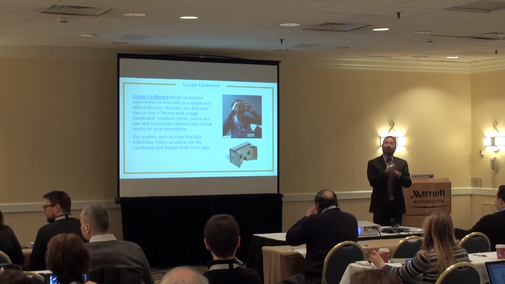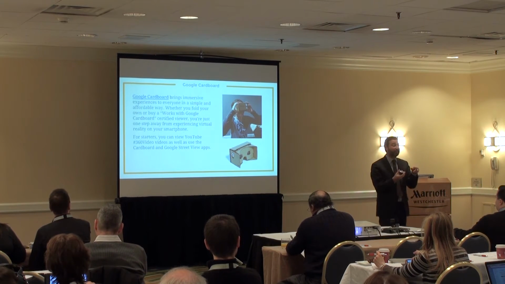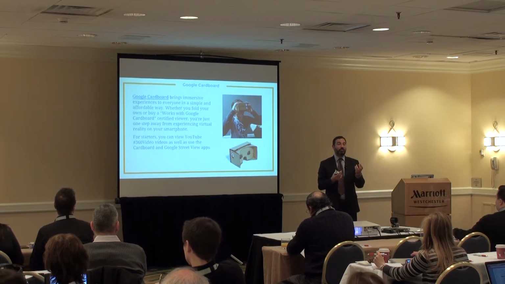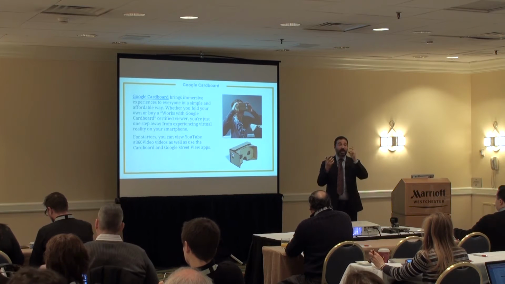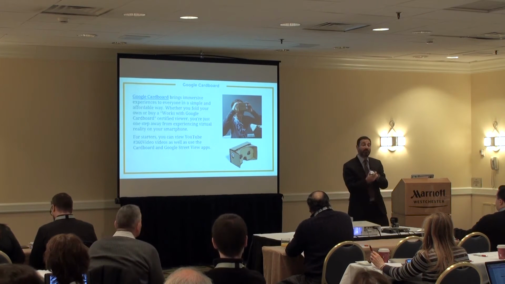So with that cardboard viewer, it allows you to see three-dimensional locations. And what's even cooler is, and I'm not sure if you're aware of this, it's not just the Cardboard app you could use, but the Google Street View app. So anything that Street View is available on, you just pop it in and you're looking at Street View. One location I love to show is the Empire State Building.